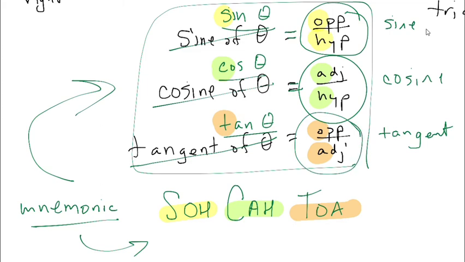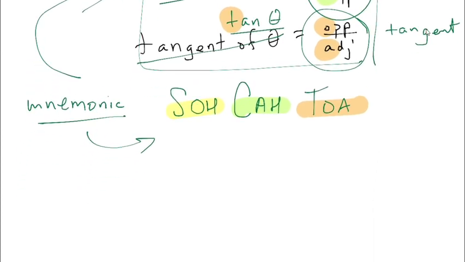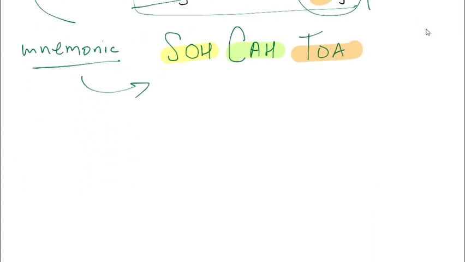Okay, and I'm going to show you how we use those. I have a triangle right here, and it has a right angle, and it has an acute angle of 31 degrees.